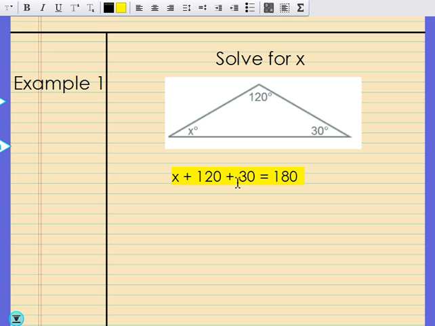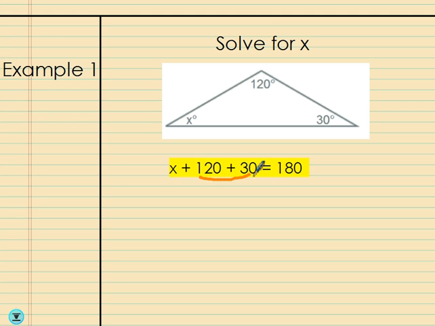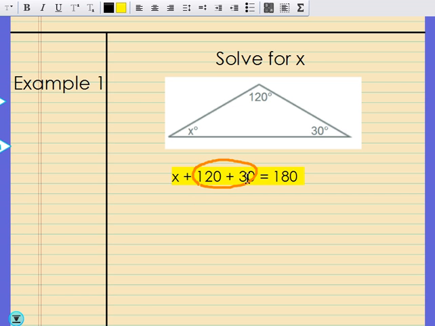Now this is an equation. We can solve this equation, but first we notice that there's two numbers over here on the same side of this equation, so we can just add them up right away. So 120 plus 30 is 150. So on this side we have x plus 150 is equal to 180. And this is an equation that looks a lot more familiar, so we do what we're used to.